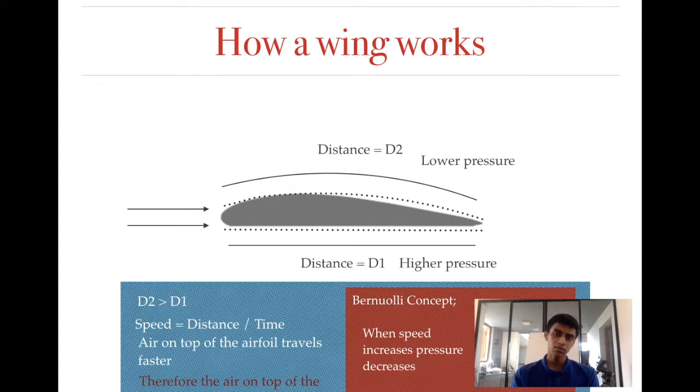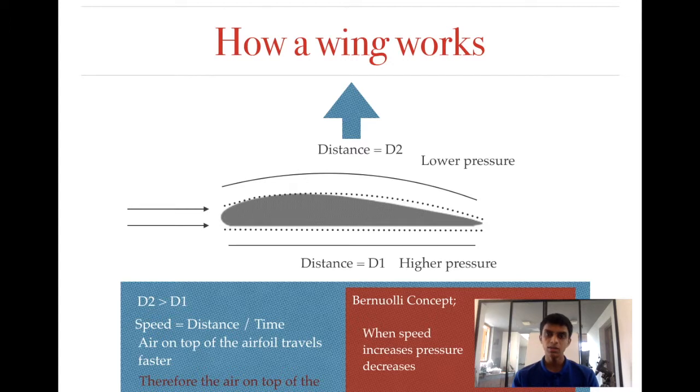Now we can consider pressure as a force, because pressure is force per unit area. So there's a higher force per unit area below the wing and a lower force per unit area above the wing. Because of this, there's a net force acting in the upward direction, and this force is called lift.